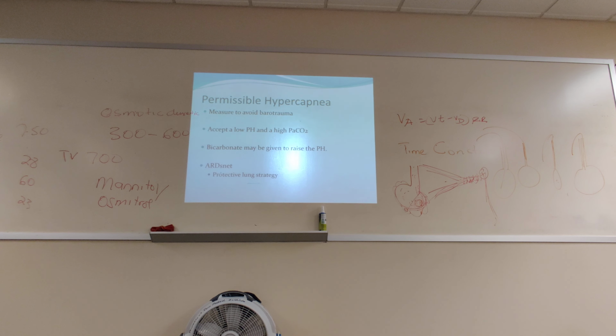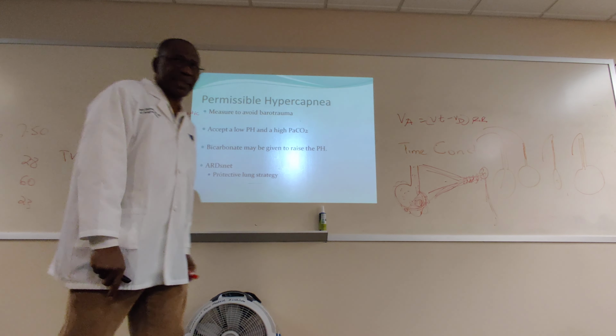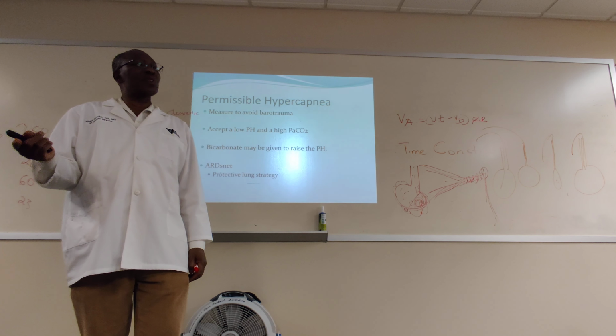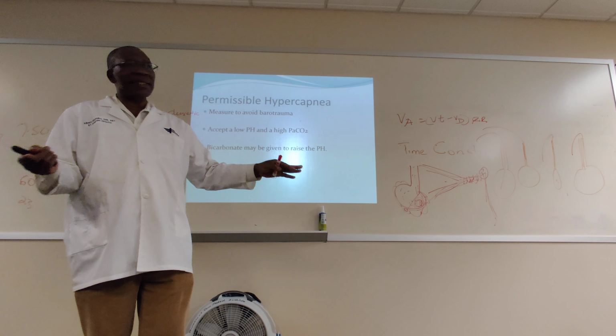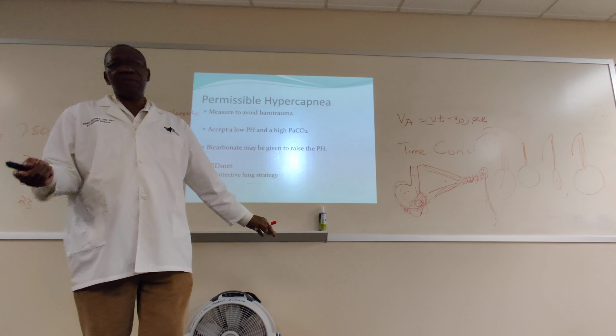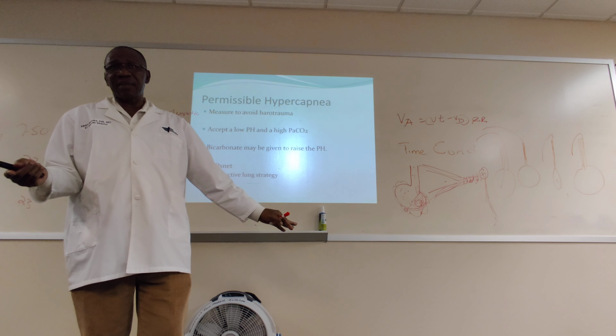If you have pulmonary fibrosis, you're going to require a lot of pressure to ventilate. Anything that makes your lungs very stiff will require high PIP. Well, the more PIP that you use, the more dangerous it is. The more likelihood for you to develop barotrauma. And you have pneumothorax and subcutaneous emphysema and all of that.